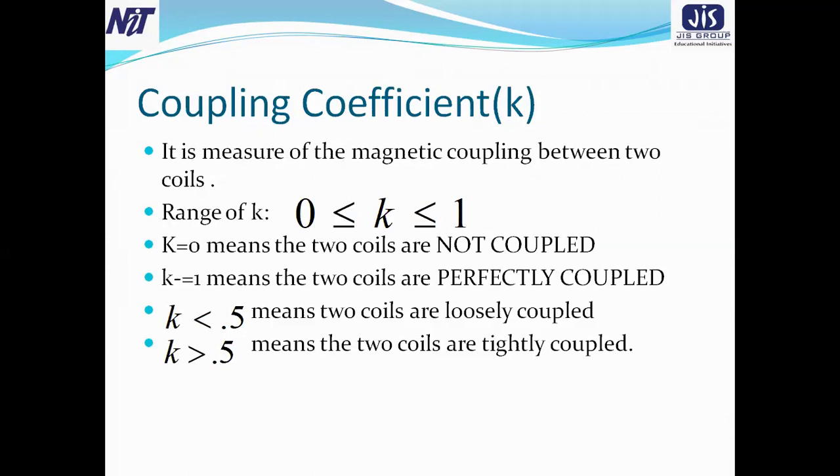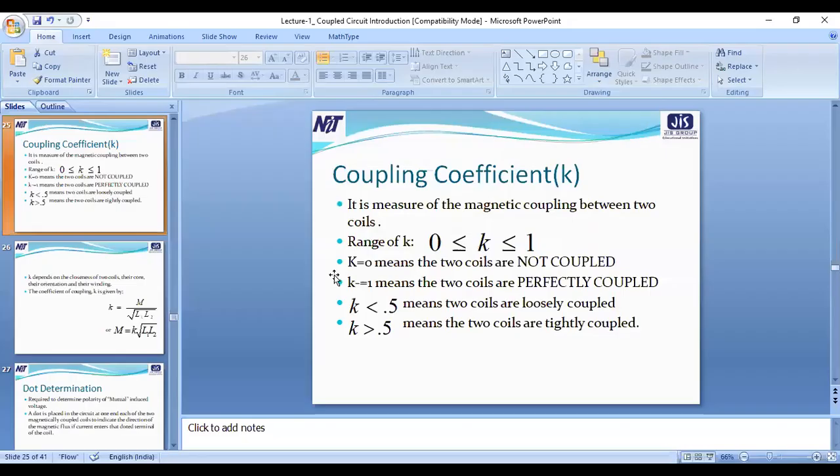It is a measure of the magnetic coupling between two coils. The range of K is: K is greater than or equal to 0 and less than or equal to 1. K equals 0 means the two coils are not coupled. K equals 1 means the two coils are perfectly coupled.